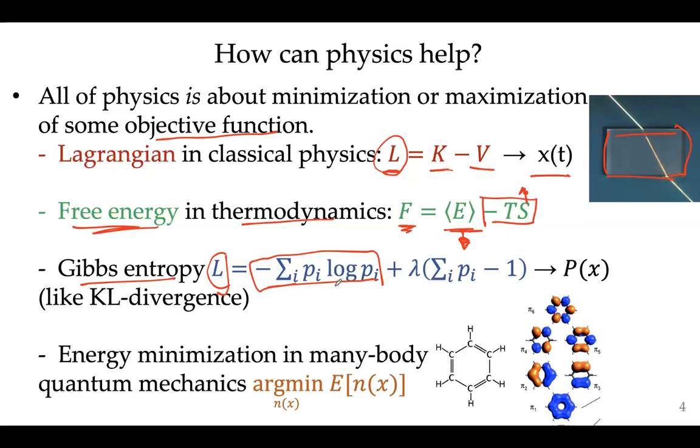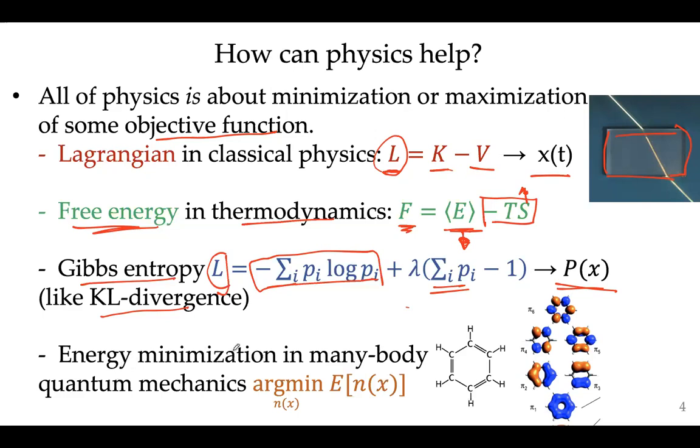They can be quantum states or any discrete states. When you minimize this with the constraint that all the probabilities should sum up to 1, you find the probability distribution for that thermodynamic system. This is more like statistical mechanics. And this Gibbs entropy is actually related to KL divergence, which is used in machine learning as a loss function.